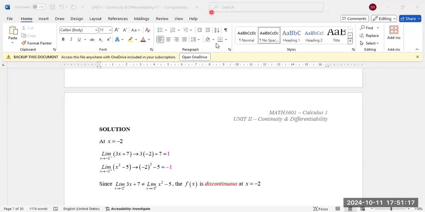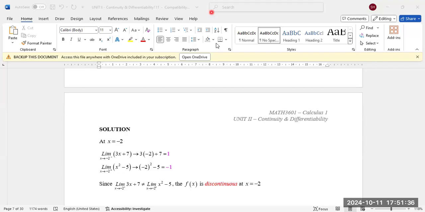f of x is discontinuous at x equals 3. Which question are you doing? The same question: determine if f of x is continuous at 3. Why is it discontinuous, Kahim?